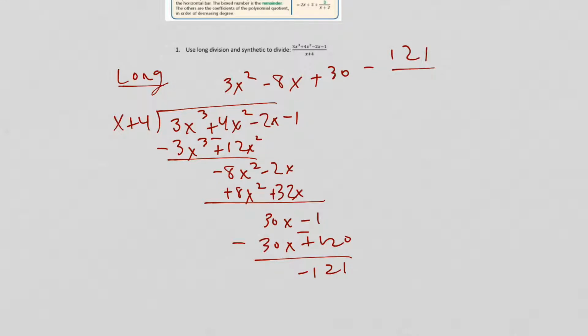So then your remainder is negative 121 over x plus 4, because x plus 4 does not go into 121 evenly. And that's your answer.